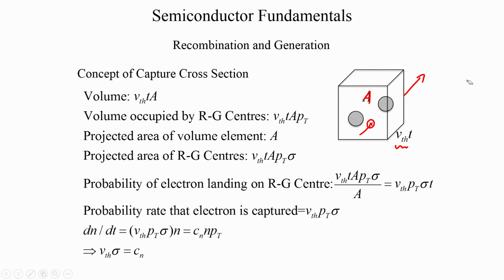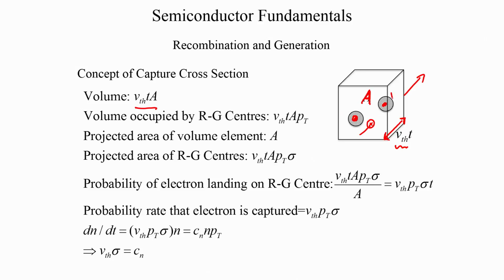It has got some thermal velocity, and therefore, in time t the electron would have travelled a distance of Vth into t. So, let us look at this volume, a cuboid which has got an area of cross section A, and a depth of Vth into t. So, the volume of this cuboid is Vth into t into A, and inside this region of space you have some RG centers.